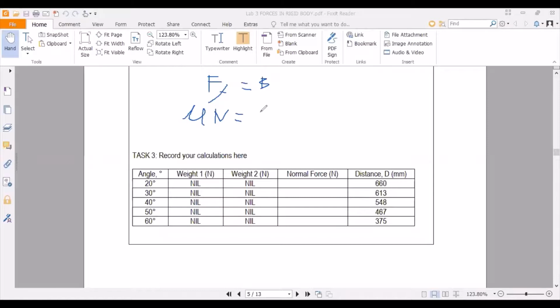Then you can find the final formula for N. Please find the N here.